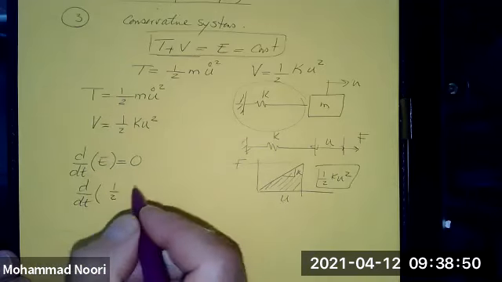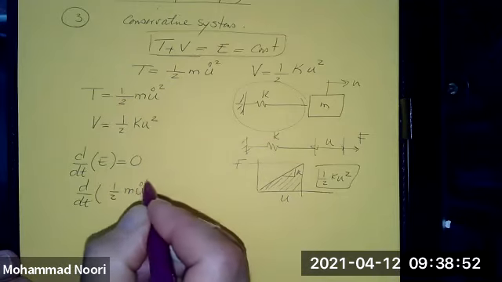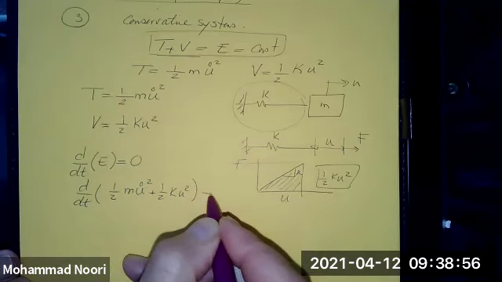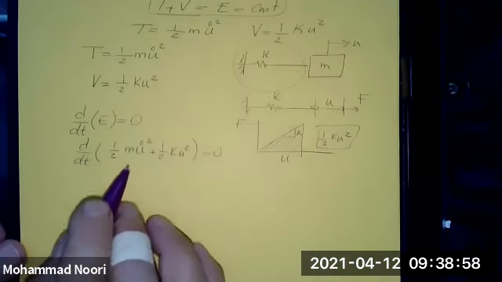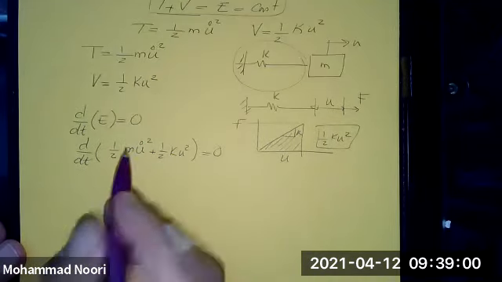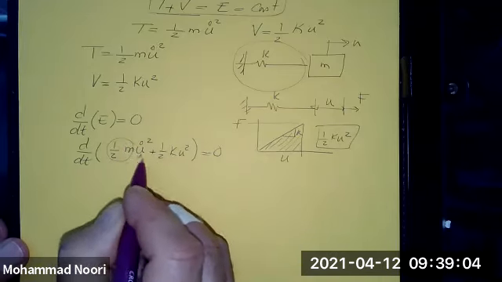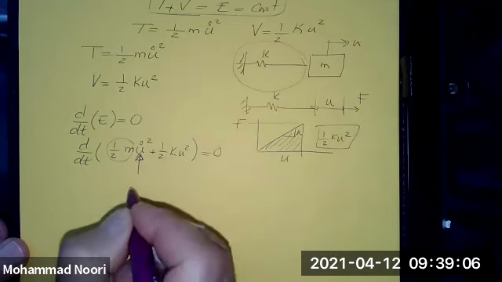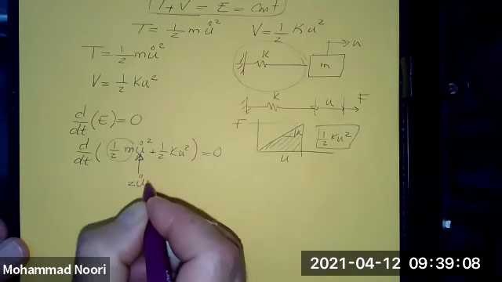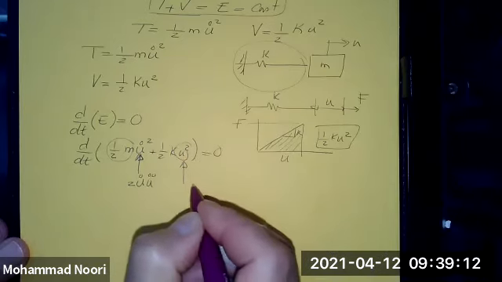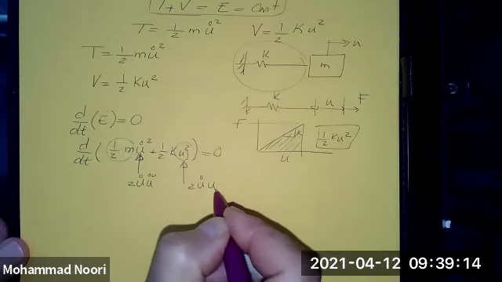I would take the time derivative of the sum of these two terms and equate that to zero. But what is the derivative of this with respect to time? This is a constant. So the only time derivative I have is for this, which would be 2 u dot u double dot. Same thing here, this would be 2 u dot u.